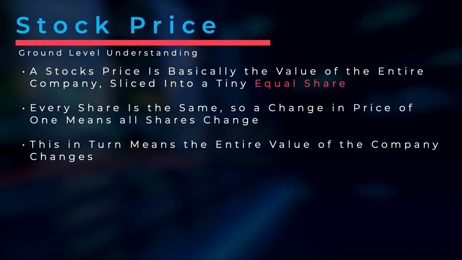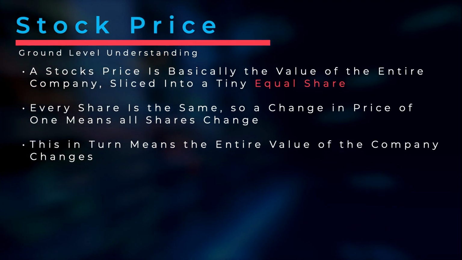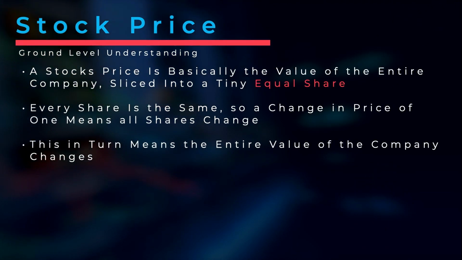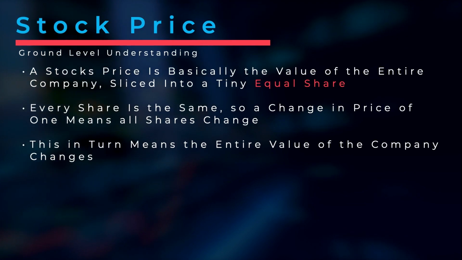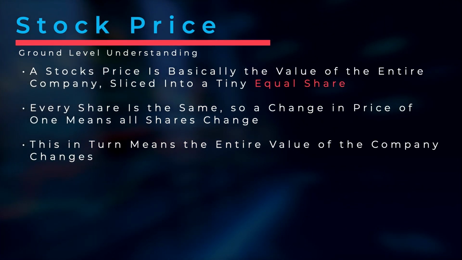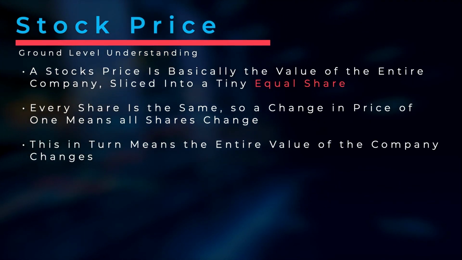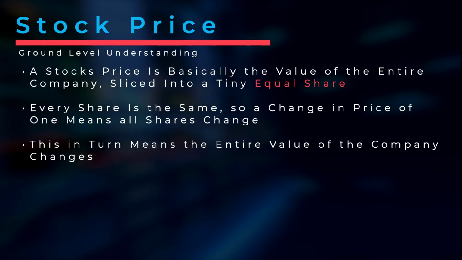So you're talking about companies that are worth billions and billions of dollars. They have millions of shares out there. Once one of those shares changes in value a penny, the entire value of the company goes up or down by that amount times how many shares are out there. So keep that in mind.